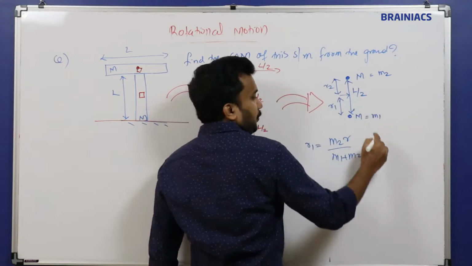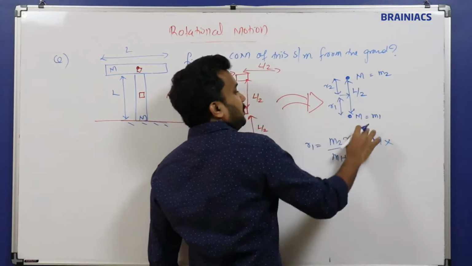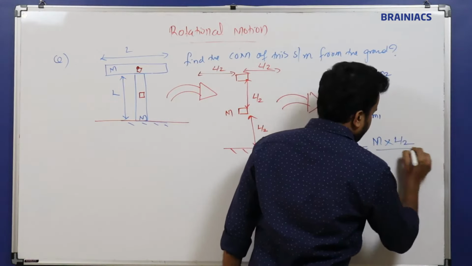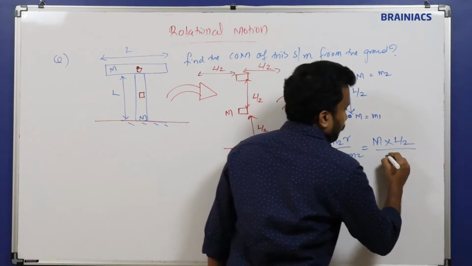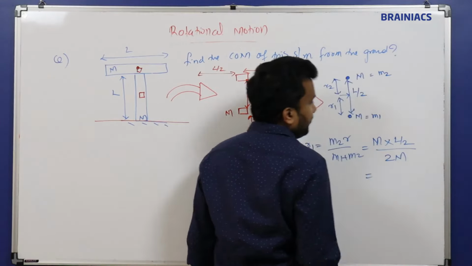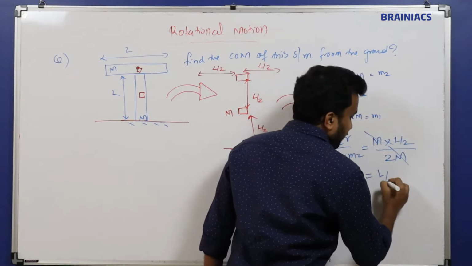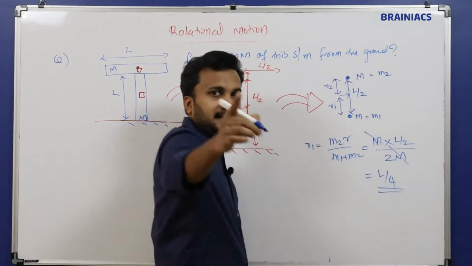M2 is M, the distance between them is L by 2, divided by M1 plus M2, which is 2M. So M gets cancelled, and the answer is L by 4. Is L by 4 the right answer?